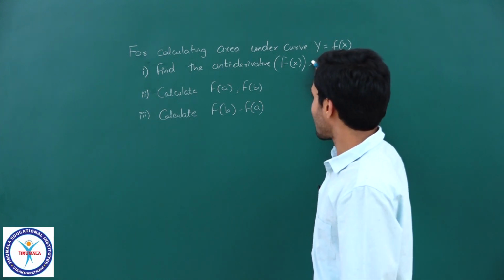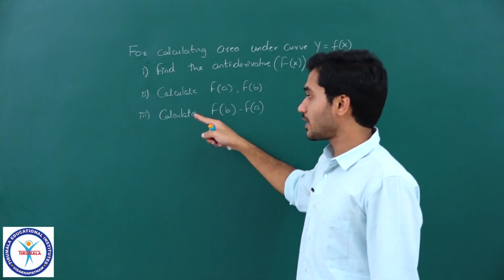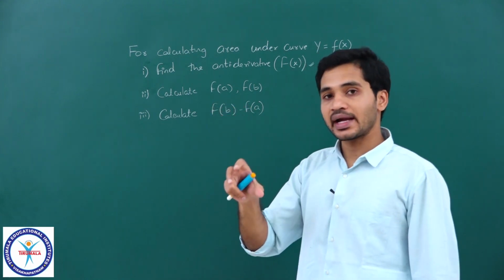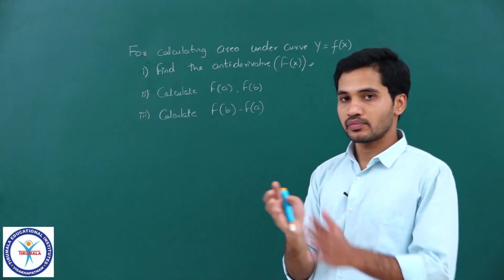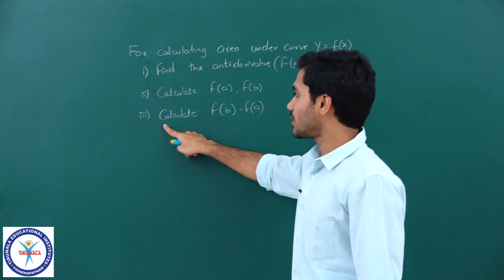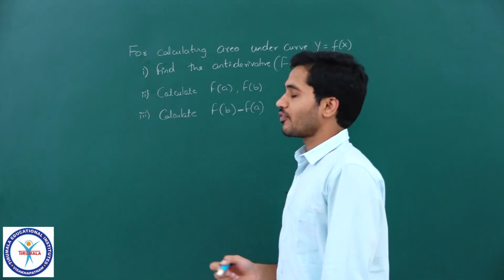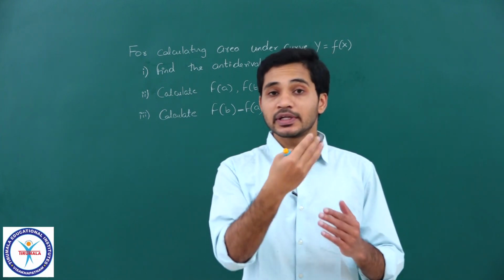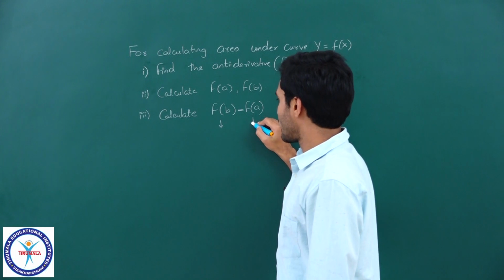So first step is to calculate the antiderivative and second step is to calculate the value of that antiderivative function at a and at b, the two limits between which we need to find the area, right. And then we have to evaluate the value of f of b minus f of a. The difference in the upper limit value, we call this as upper limit and this one as lower limit, right.